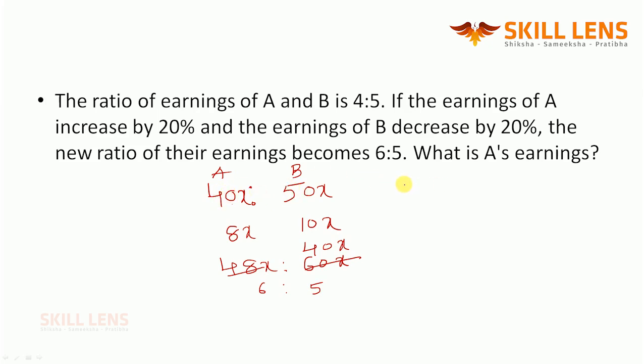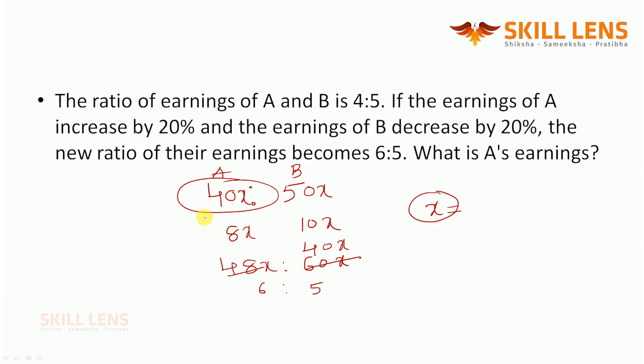Why can't I take whatever I want? See, finally you will end with what? Did you get your answer? Did you get the x value? No. If you are not getting the x value, then how are you going to find out the earnings of A? There should be a clue.